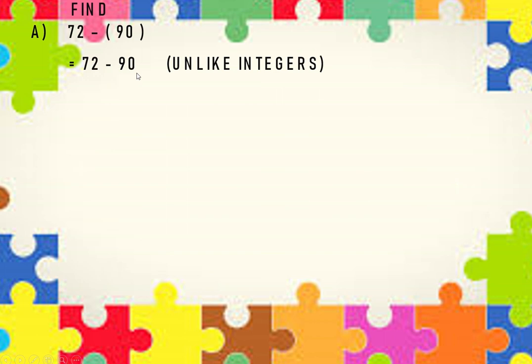Before starting any operation, first check, are they like or unlike? These are unlike, and unlike says subtract. So subtract both the numbers, and which sign will come? Negative sign will come, because 90 is bigger with a negative sign. 90 minus 72 is 18, so the answer would be minus 18.